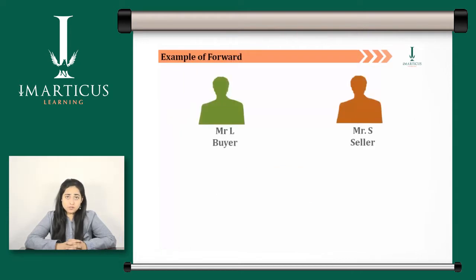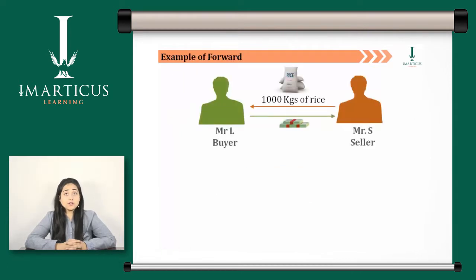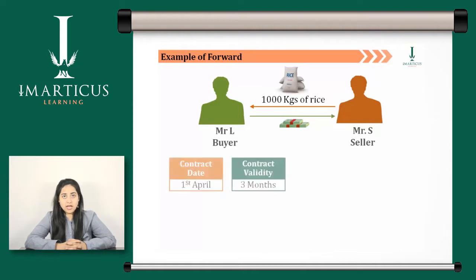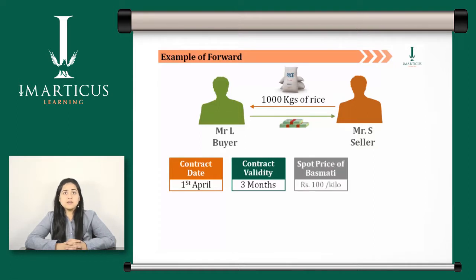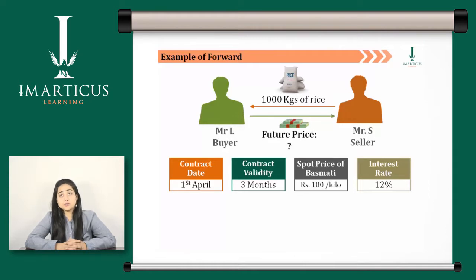On 1st April, Mr. N enters into a forward contract with Mr. S and agrees to purchase 1000 kg of rice. Let's say the contract expires after 3 months and the spot price of basmati rice is rupees 100 per kg. The risk-free interest rate is say 12%.